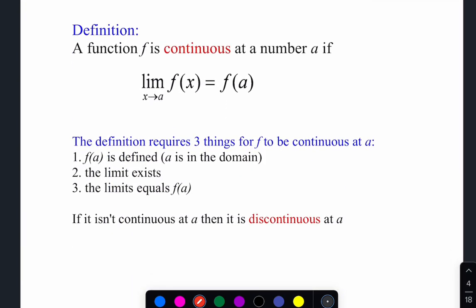A function is continuous at some number a if and only if the limit matches the defined value.